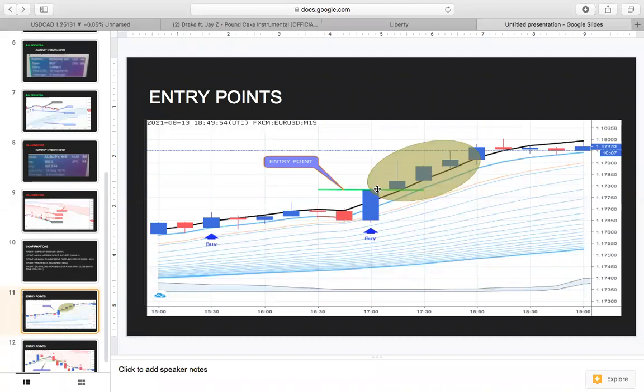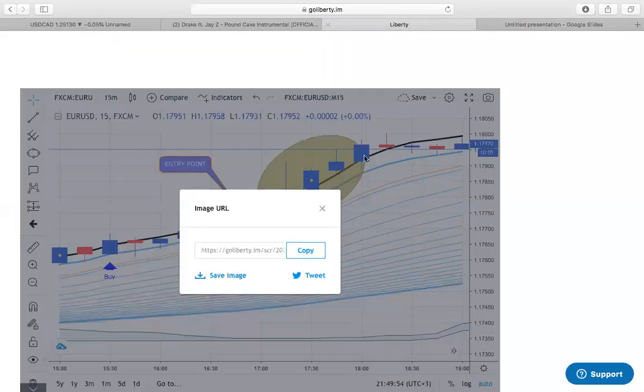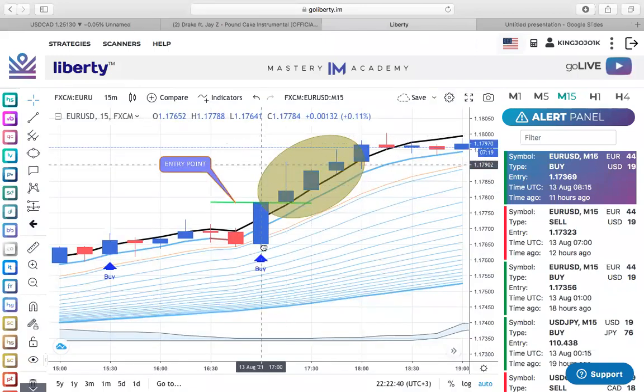Now check this out. Everybody should understand the opening and closing of candles. Quick example real quick.